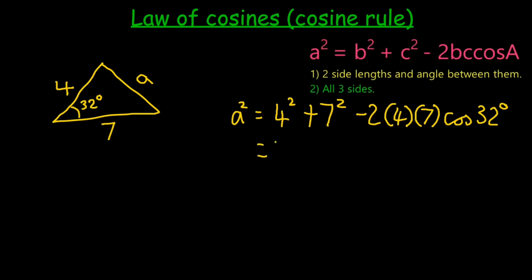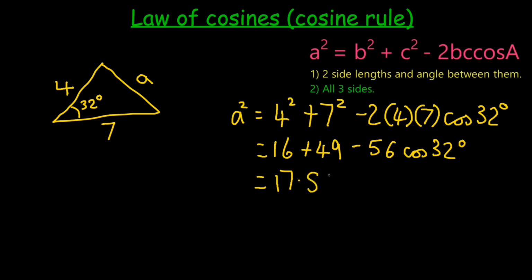Putting this together, we have 16 plus 49 minus 2 times 4 is 8 times 7 is 56, multiplied by the cos of 32 degrees, which is equal to 17.5 to 1 decimal place.